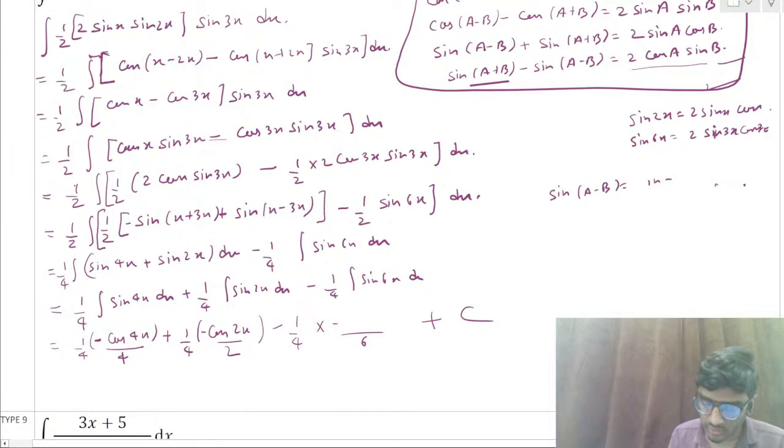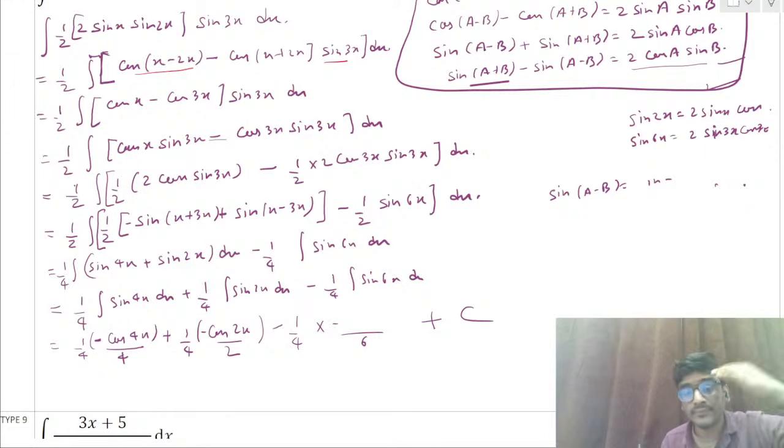This part, cos x sin 3x and sin 3x cos x minus sin 3x, because when we distributed this we can write 2 sin x sin 2x, meaning we need sine terms. We know cos of a plus b gives cos a cos b minus sine a sine b.